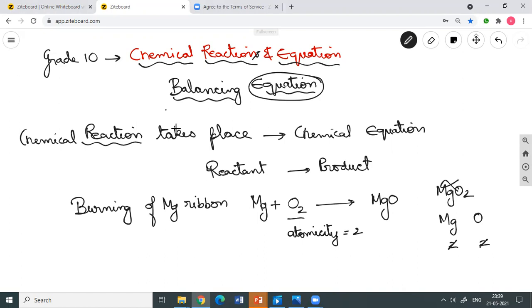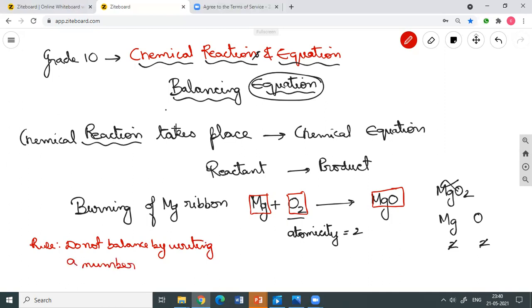So how to balance? Before we balance the equation, we have to draw boxes like this. In our NCERT textbook also you would have seen the boxes being drawn like this. Why are these boxes drawn? Rule number 1: do not balance the equation by writing a number inside the box.